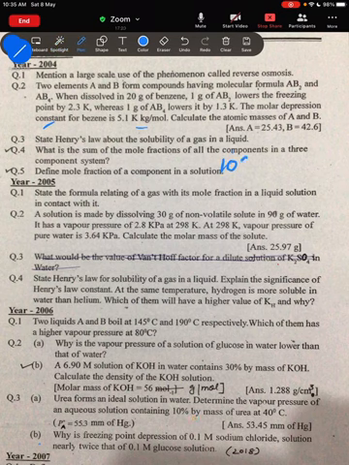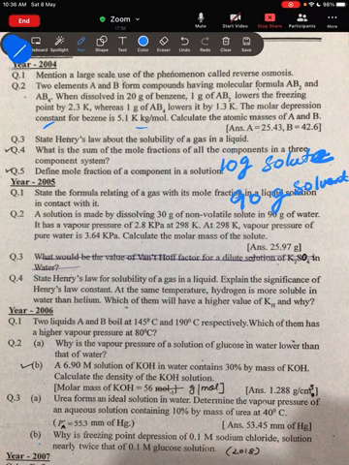In that, 10 gram is solute, so 90 gram is solvent. So XB is P naught A minus PA upon P naught A. P naught A is given.